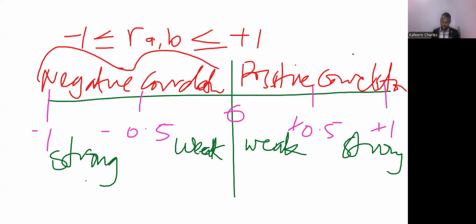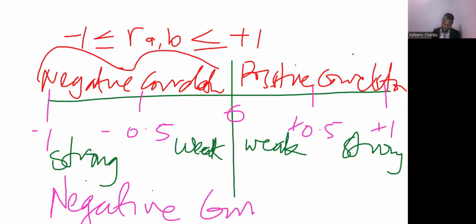And of course, a proper investment portfolio is the one that has a negative correlation. So the best option is for us to have a negative correlation. We don't care whether it is strong or weak. As long as we have gotten a negative correlation, then we can say it's good.